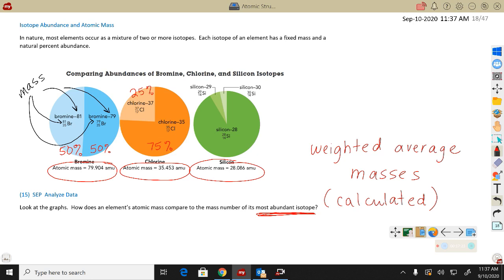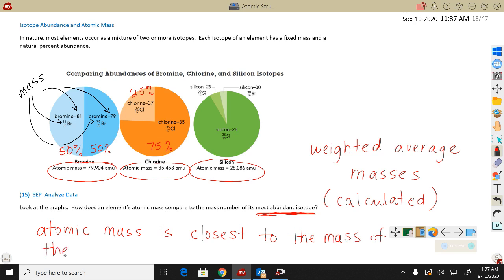How does an element's atomic mass compare to the mass number of its most abundant isotope? It's really close. The atomic mass is closest to the mass of the most abundant isotope.